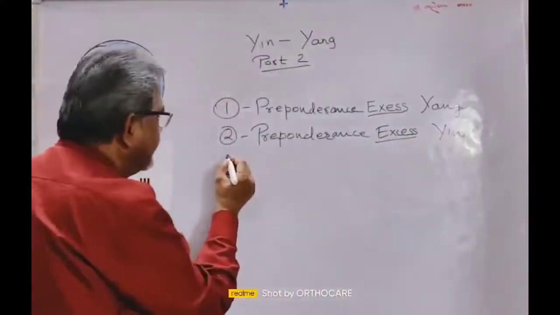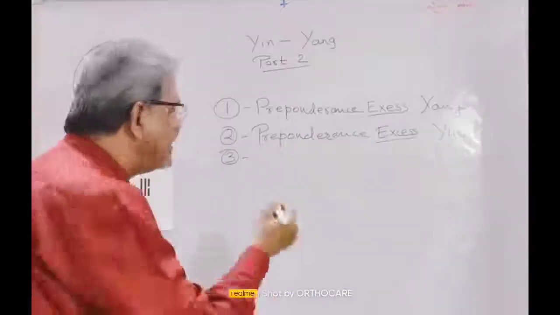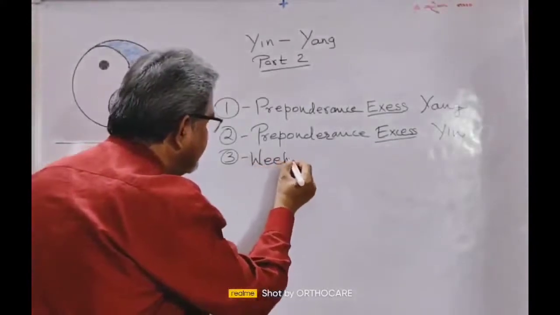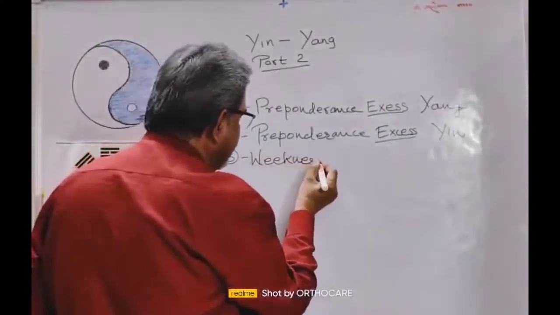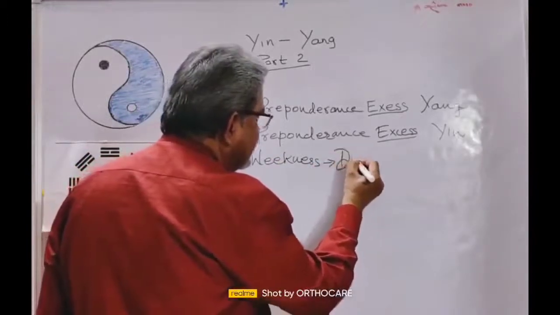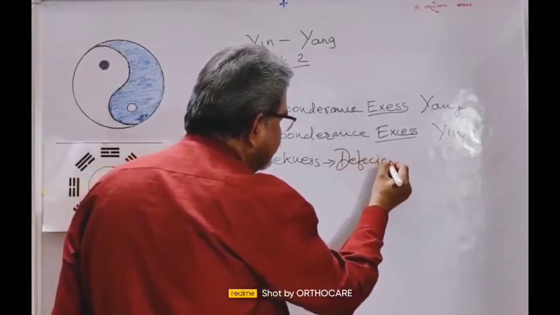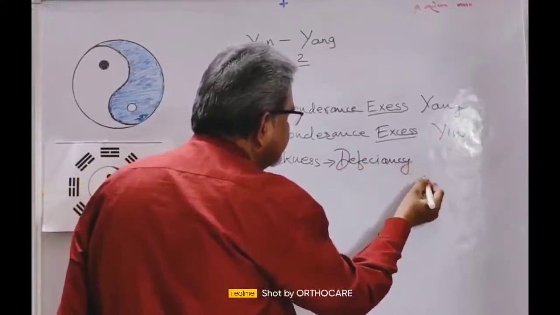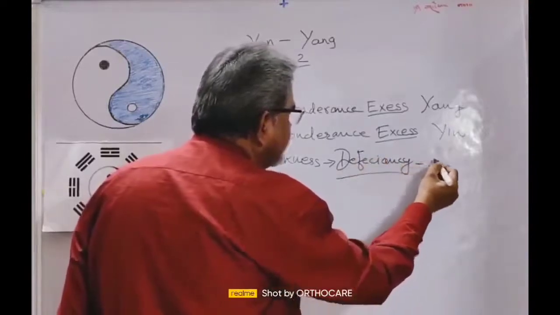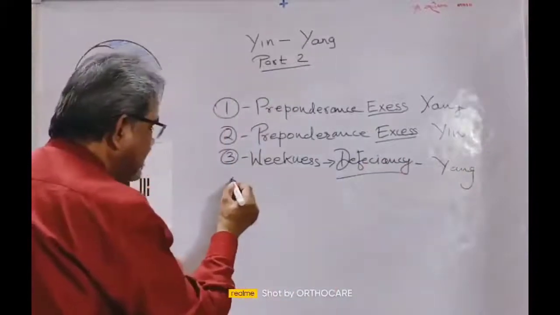The third is weakness, or we can call it deficiency of yang.